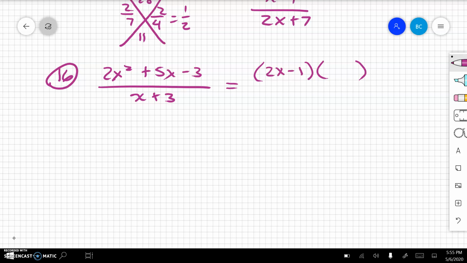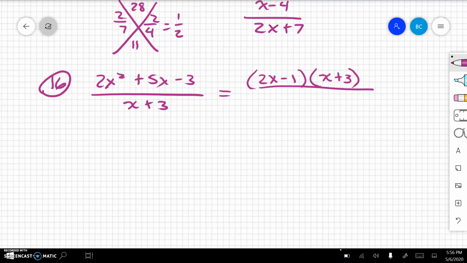So this is 2x minus 1 times x plus 5 and x plus 3. I'm just going to double check this because I'm having a hard time reading my writing. 2x squared plus 5x minus 3. Okay, and then the denominator is going to be x plus 3. And again, because this is a factor and this is a factor, I can cancel both of those, and my final answer for that one is 2x minus 1.